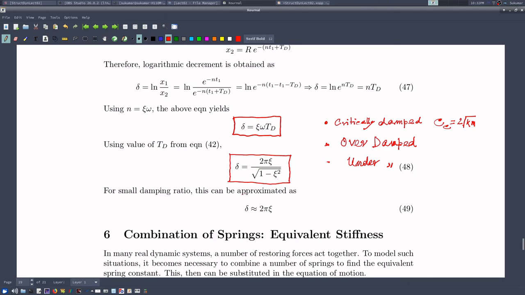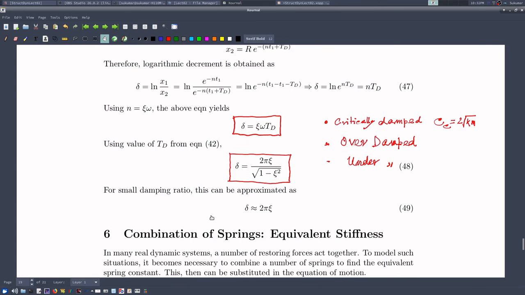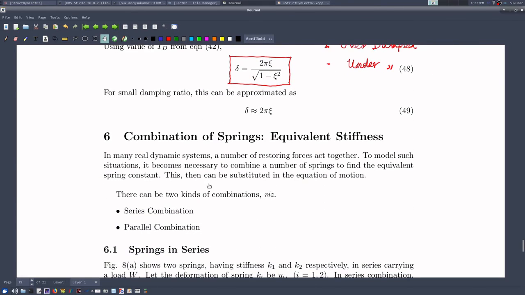Okay, so our next topic, the last topic in this lecture, is combination of springs.